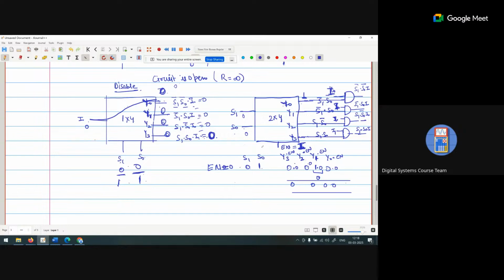So all our outputs will be 0. Now we change the input to 1. If in this scenario all outputs are 0, then we say our demux is disabled. But if it is a 1, we can't say it is disabled. Only on a single input we check the output, and we can't make any observation.